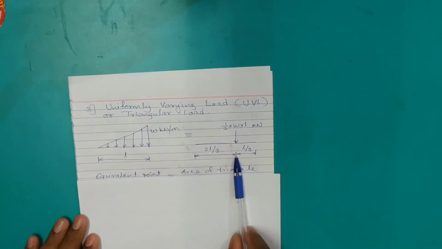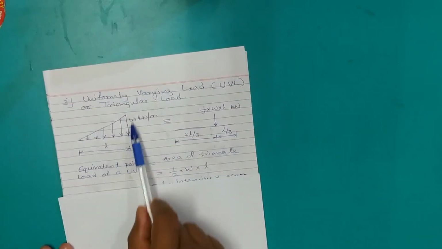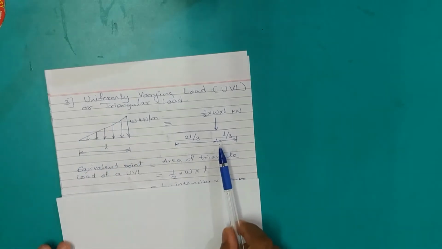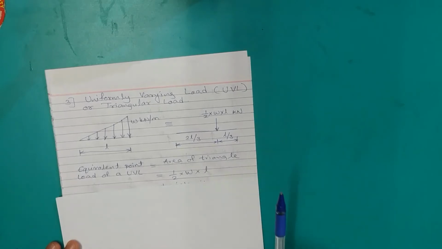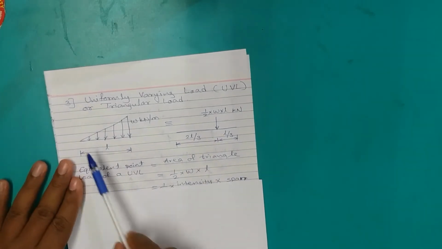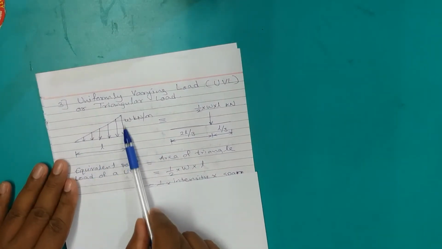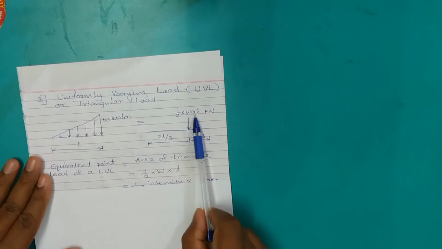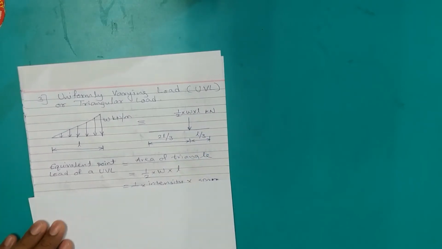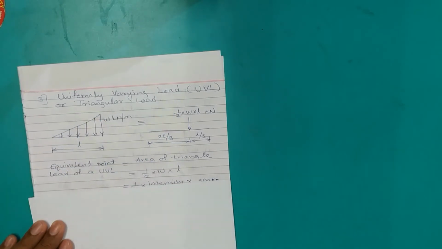It can be converted into its equivalent point load, where the magnitude of the equivalent point load representing this UVL is nothing but the area of the triangle. We know area of the triangle is half into base into height. Here base is the span, that is length L over which the load was distributed, and the height of the right angle triangle is the intensity W. So half into W into L becomes the single point load which we replace for this UVL.